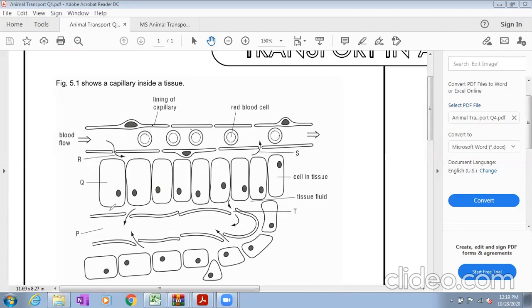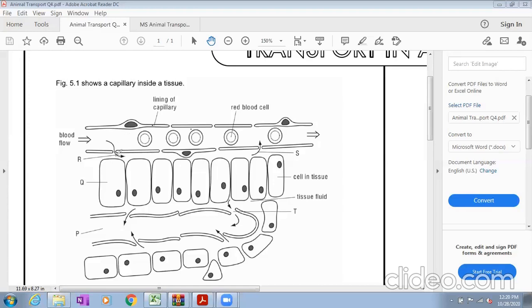Now, when blood is going through this capillary, something is coming out. What is that? Small molecules are coming out. The blood cells can't come out, but the liquid portion of blood will come out because of pressure here.